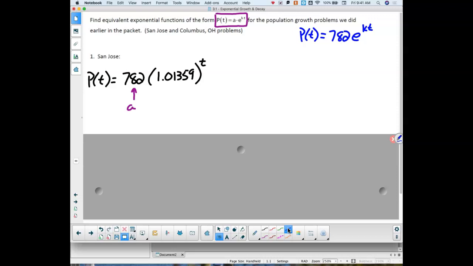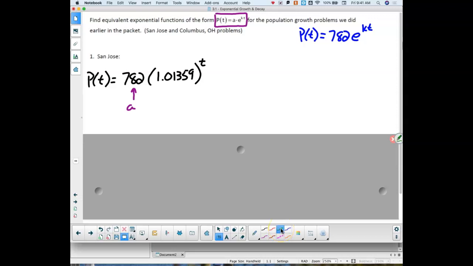Now I need to solve for k. How am I going to make those two be exactly the same? I could plug in points, but then that would be tricky. What do you got? If I want them to be the same, I can set them equal to each other.